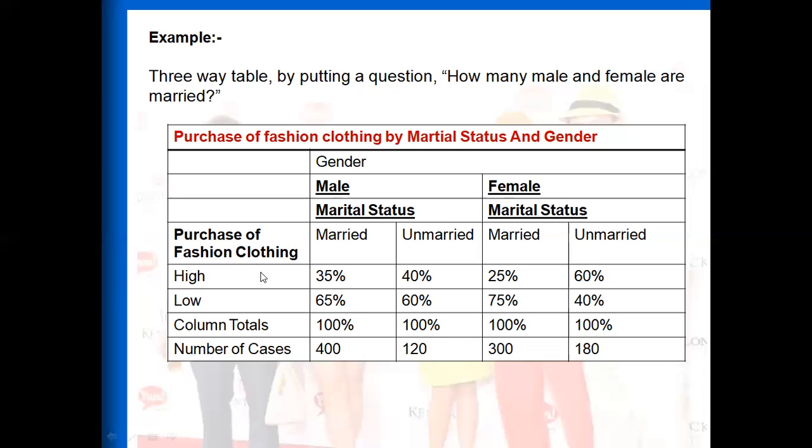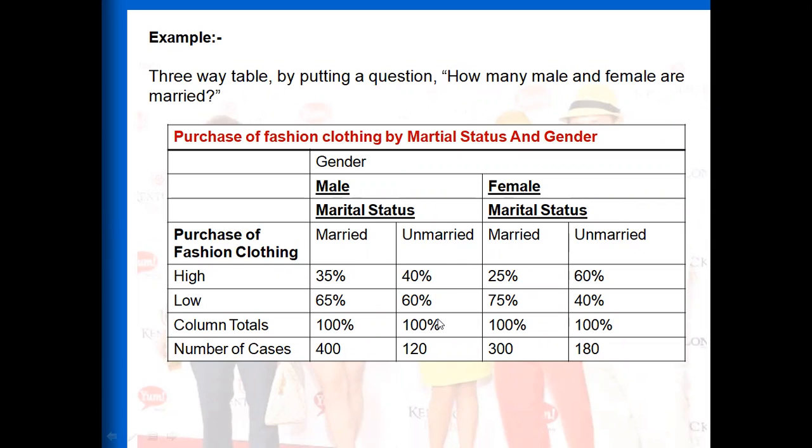35% are people who are married and have high purchase of fashion clothing. Similarly, 40% are persons who have high purchase of fashion clothing but are unmarried males, right? And 65% is the percentage for the married male, that is categorized into 35% and 65% according to purchase of clothing.